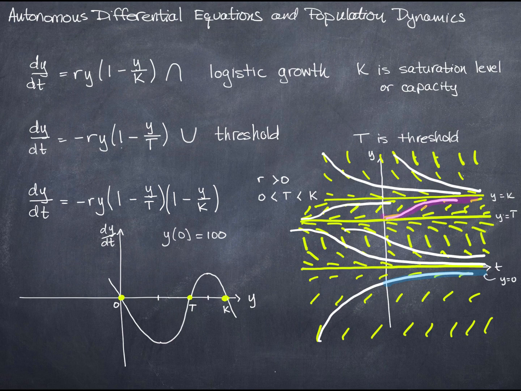If y was equal to, well, y is never going to be negative, so although we can graph this, it's the same as any graphical application, right? We can graph this situation, but it's never going to exist in a population of individuals. We can never have a negative number of individuals. But let's say y of 0 was 10. If this is 10, then I'm looking at this situation. I'm approaching the equilibrium solution of 0.